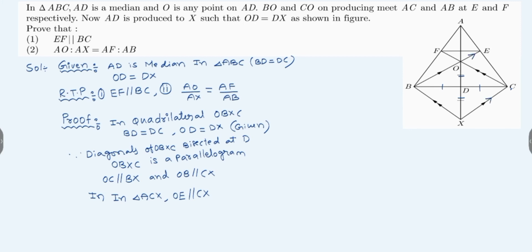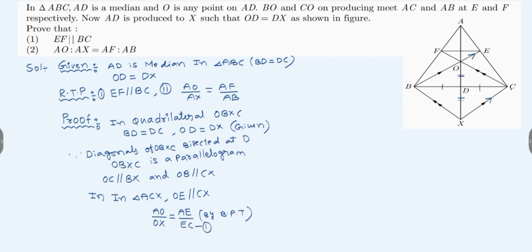So we know in a triangle, if a line is drawn parallel to one side, that line divides other two sides in the same ratio by basic proportionality theorem. So here OE divides AX and AC in the same ratio. That is AO by OX is equal to AE by EC. This is equation 1, written by using basic proportionality theorem, BPT.